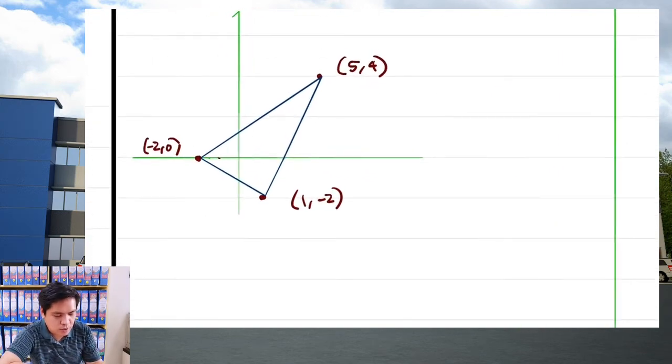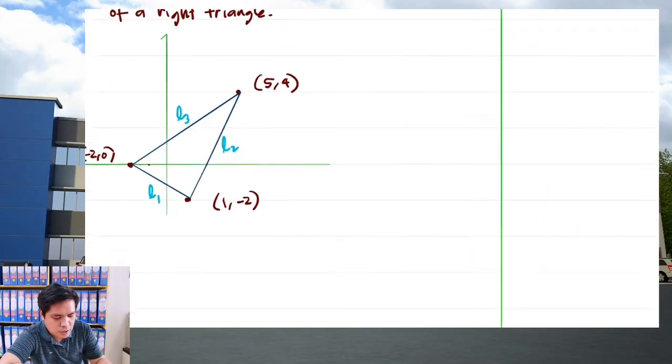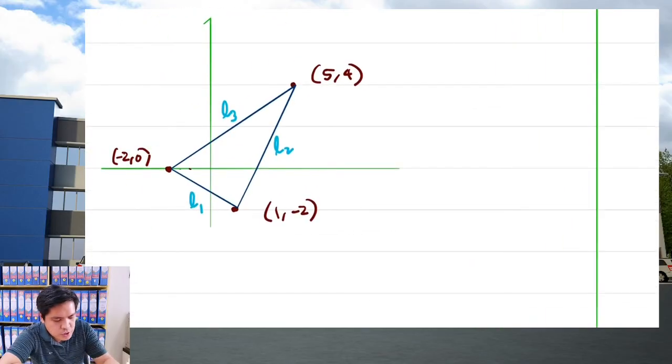So, what we'll do is compute the slopes. I'll name this line segment as line 1, this is line 2, and this is line 3. So, I'll first compute the slope of line 1.